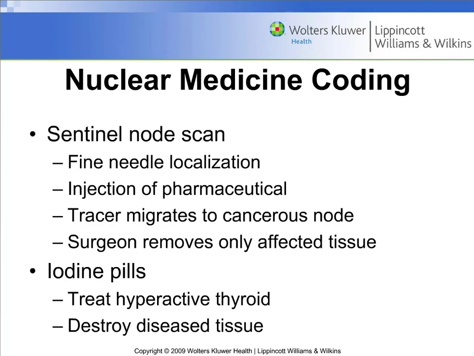Iodine pills, this is nuclear medicine, can also be therapeutic in nature, whereas the others were diagnostic. Iodine pills are therapeutic, and they are ingested by patients being treated for a hyperactive thyroid, which causes ablation or destruction of the thyroid tissue.